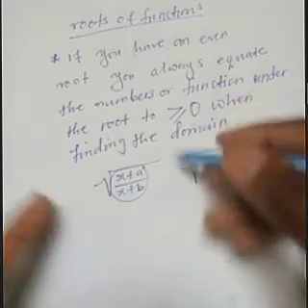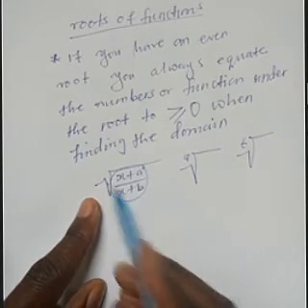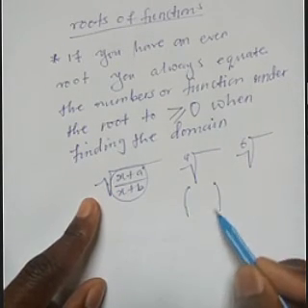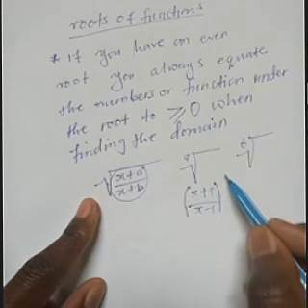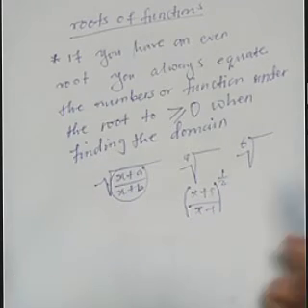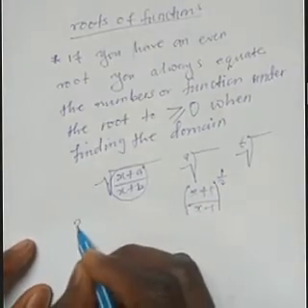Just equate it to greater than or equal to 0, if you're having an even root. This one is also an even root, because everything under the root, like x plus 1 over x minus 1, you can raise to 1 over 2. We don't write numbers like 1 over 2; you write it like this.